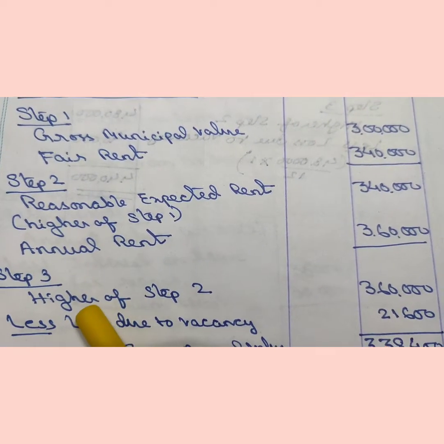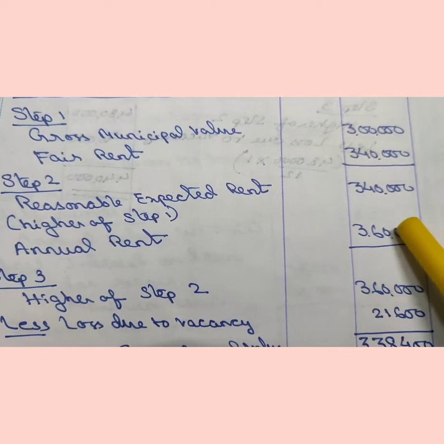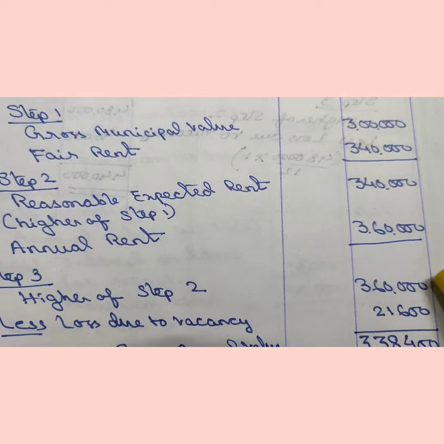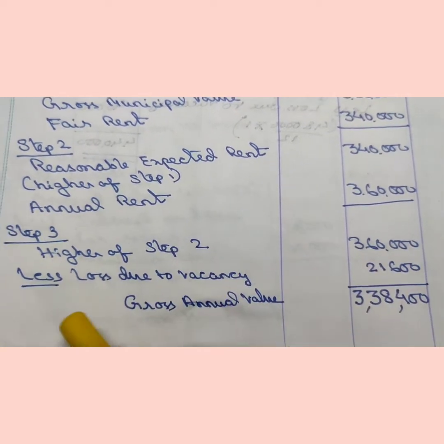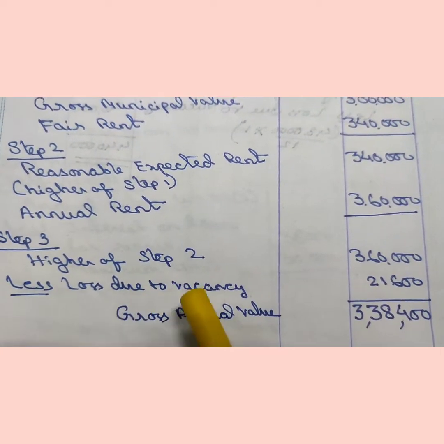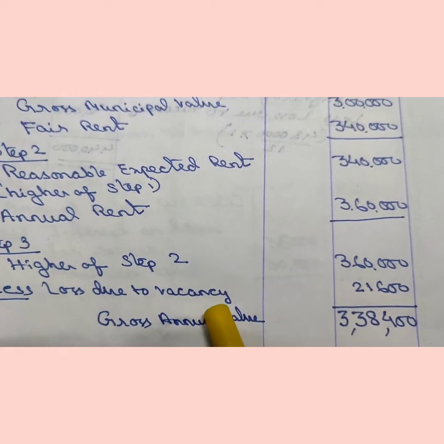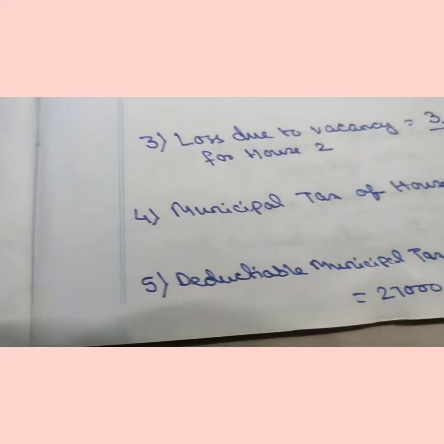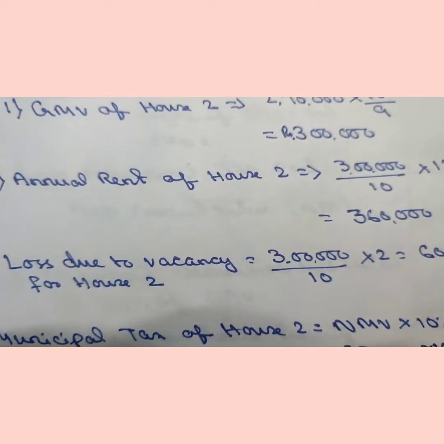In step 3, higher of step 2, after comparing these two, we get 3,60,000, and from this we have to deduct loss due to vacancy. We know there is a vacancy period of 2 months. So, how to compute loss due to vacancy?